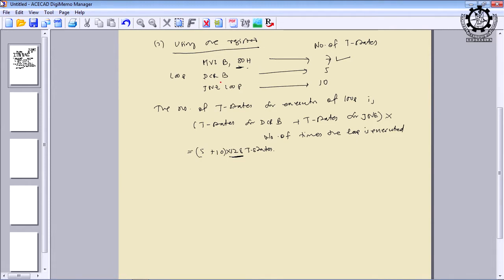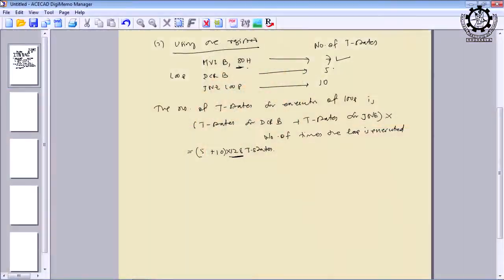Okay. Then decrement B: clearly, neither 8-bit data nor 16-bit data is present in the instruction, therefore it will be 1 byte, and 1 byte usually should take how many T states? 4 T states, but there is a slight deviation, it takes 5 T states. Okay. Then jump not 0 loop has a 16-bit address, and this is a 3-byte instruction.